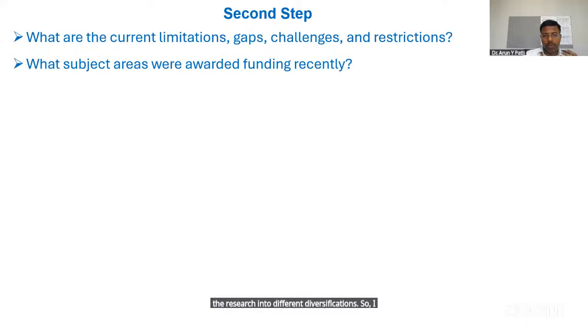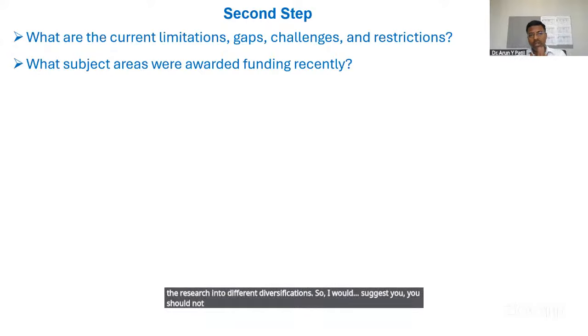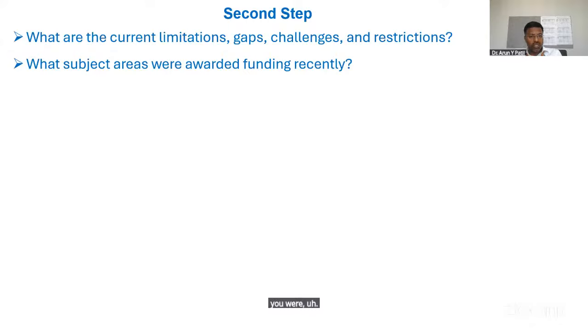So I would suggest you should not only work in one particular domain. You have to diversify such that your research outcome, which has come through a PhD or by any other means, can be taken to a level of funding only by diversifying, not by being in one particular domain only.